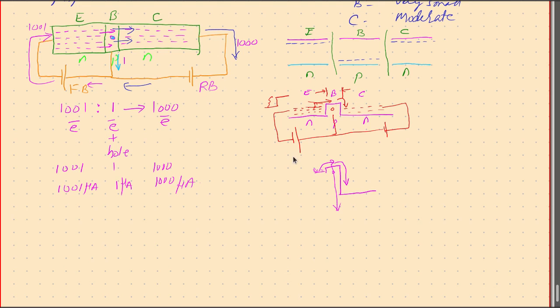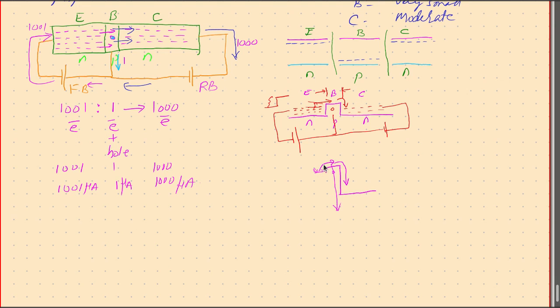To overcome the barrier, a potential is applied in this way, which is what we call the base emitter junction is forward biased. Because of forward bias, this gap is reduced, and hence the electrons now have sufficient energy to cross this barrier and get into the base region.